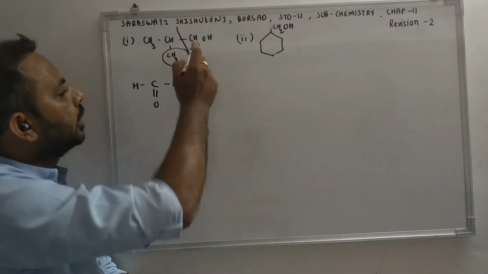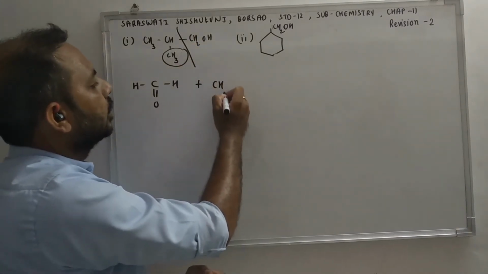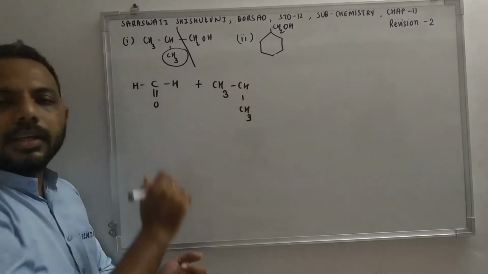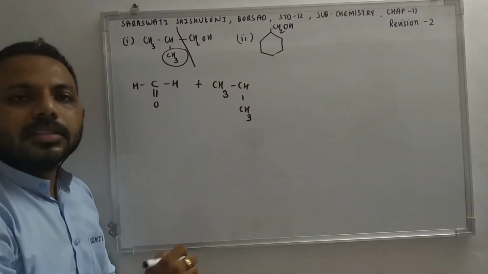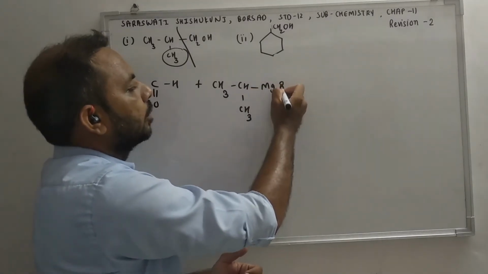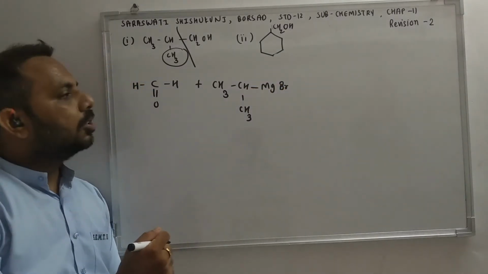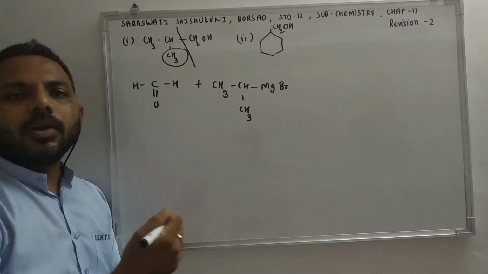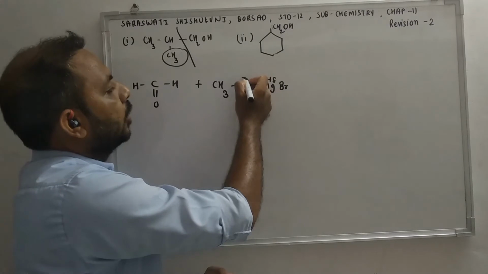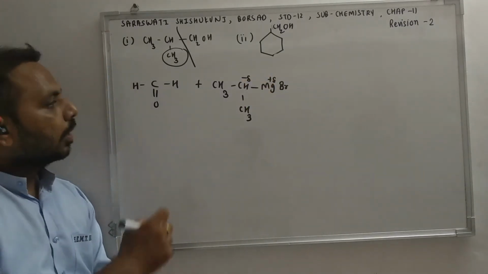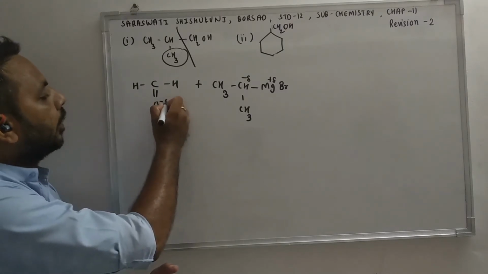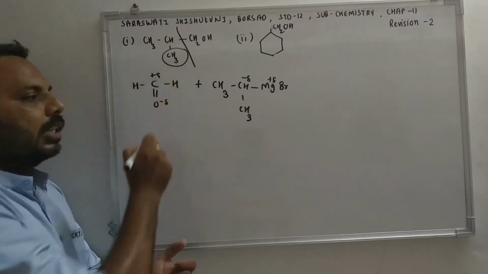So our Grignard reagent will look like this: CH3, CH3, 3 carbons and 1 branch, and since it is a Grignard reagent, MgBr, or we can write MgCl. As we already know, Mg has a positive charge and the alkyl group has a negative charge, whereas in methanol, oxygen has a negative charge and carbon has a positive charge.